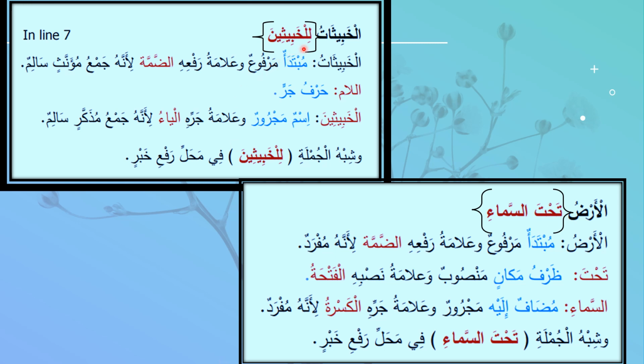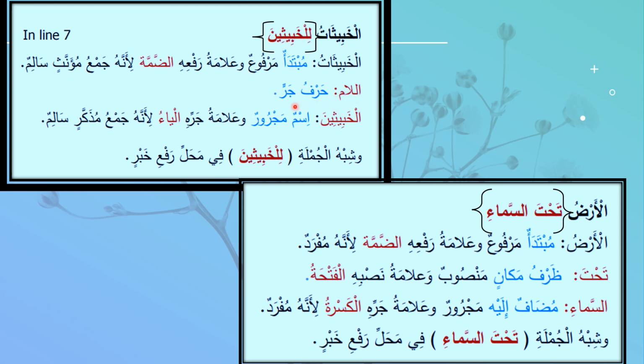There is another example with the harf jar li. Al khabithatu lil khabithina. The evil women are for the evil men. It's a simple jumla ismiya. Al khabithatu is mubtada with the dhamma because it's a Jama Muannas. Pay attention to the plurals. It's Jama Muannas, and this is Jama Mudhakkar in the majroor case.